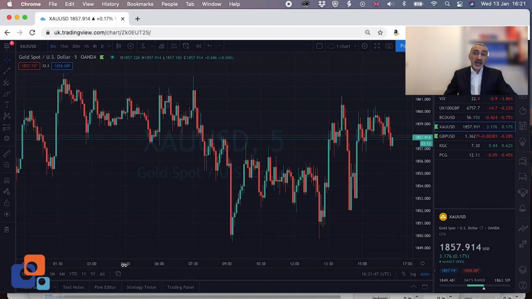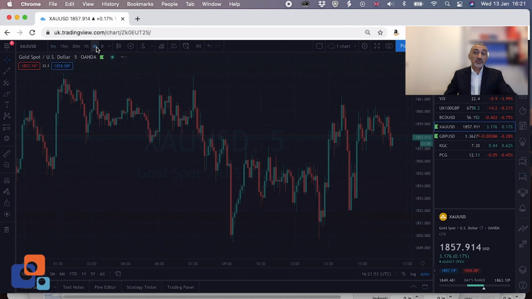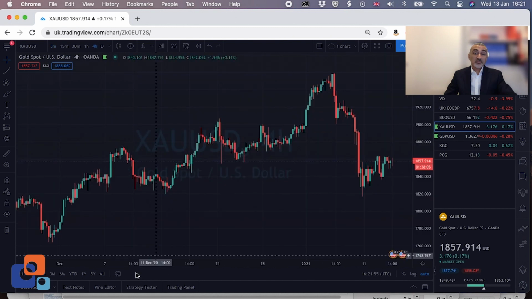A catalyst happening at the end of the month or next month could make us move to the 4-hour time frame, since your trade is likely to last for days or even a couple of weeks. You can see that movements on the chart go back for days.